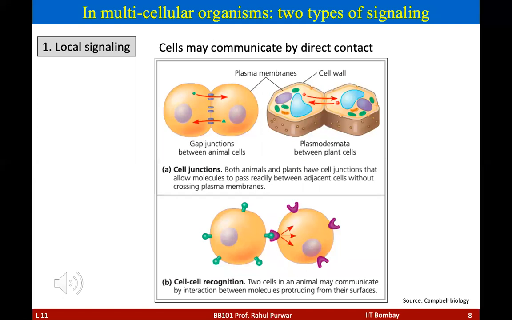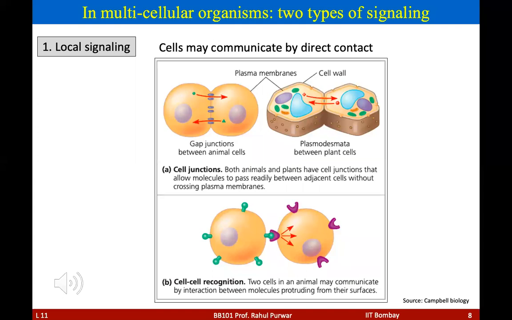In the figure on the top, you can see two cells which are attached to each other, and one cell signals to the other via gap junctions. The area where they are attached is called gap junctions in animal cells. However, when plant cells attach to each other, they have plasmodesmata.